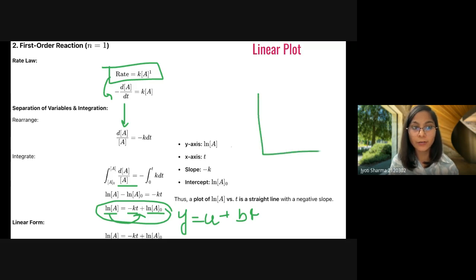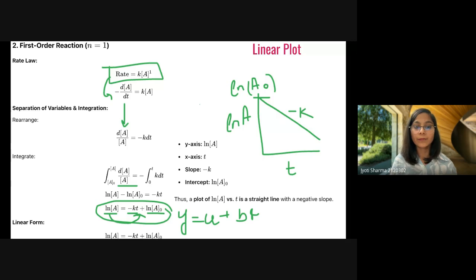So for your first order reaction, natural log of A against t will give you a straight line, and here your slope will be minus k, and your intercept will be natural log of A0. This is the initial concentration of your reactant. So based on that, your B answer should be correct. Is it clear?